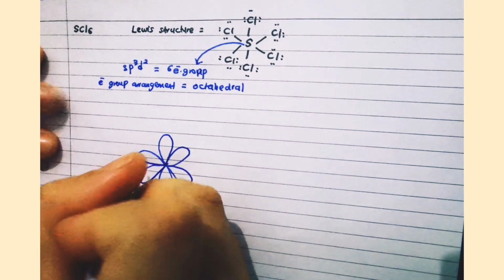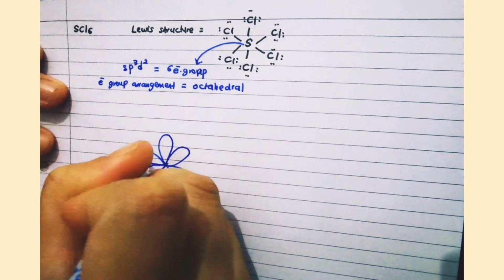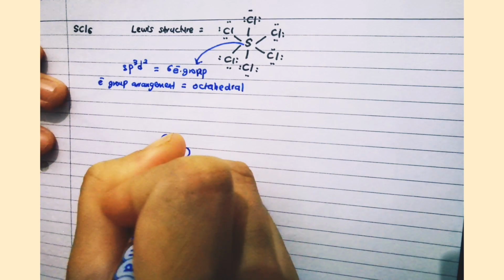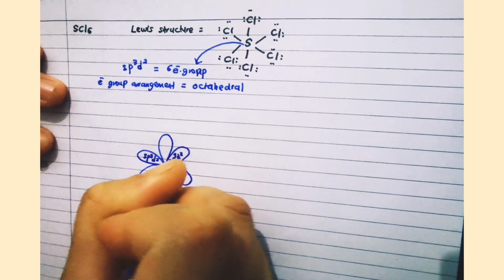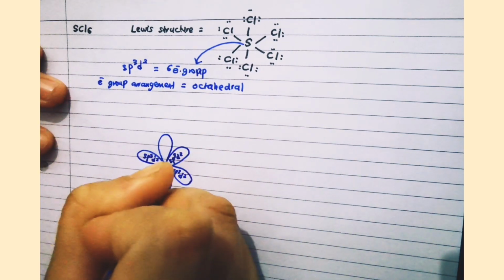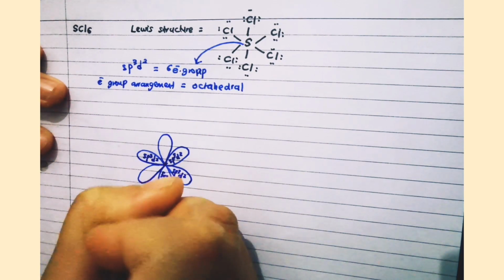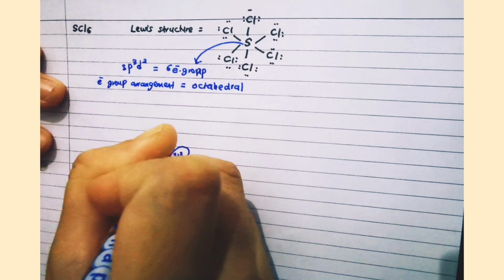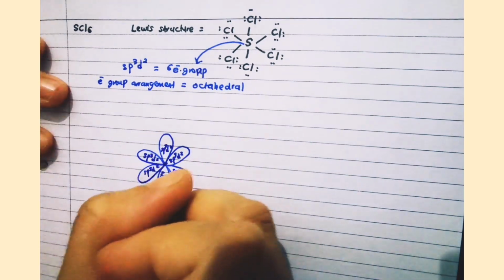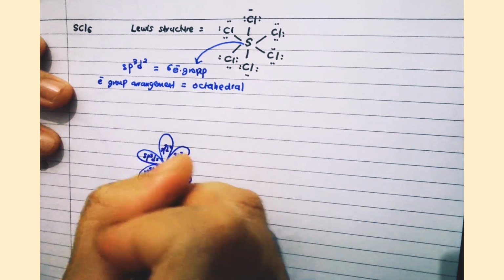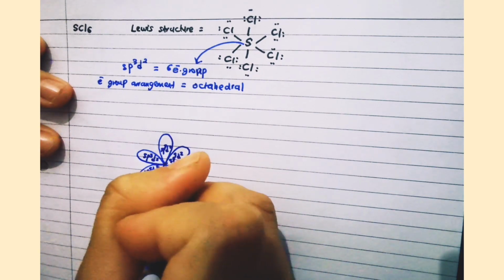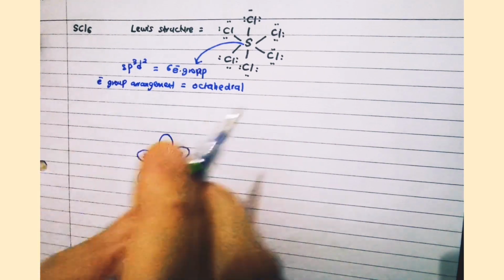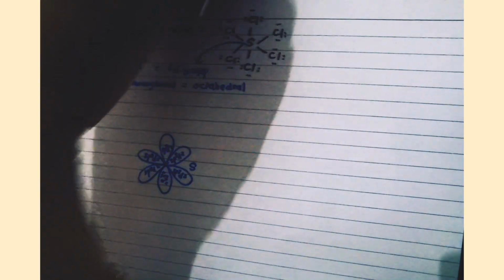Okay, this is sp3d2, so we have to label all the lobes here. Right, this blue one is the sulfur hybridization. Okay, now we look at our Lewis structure.